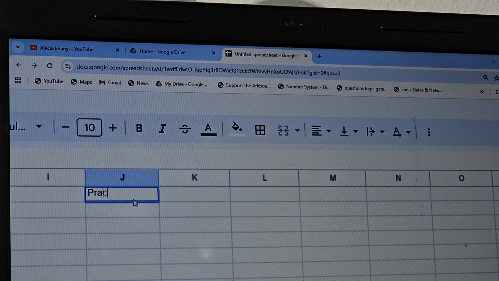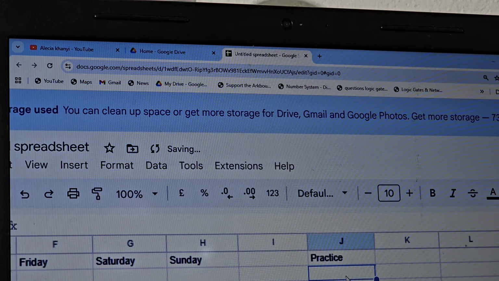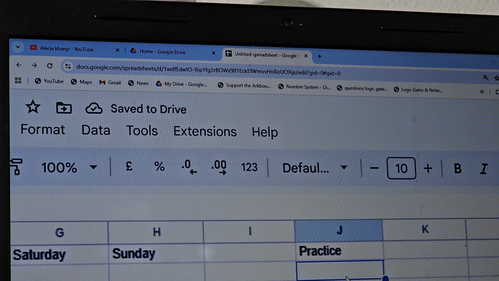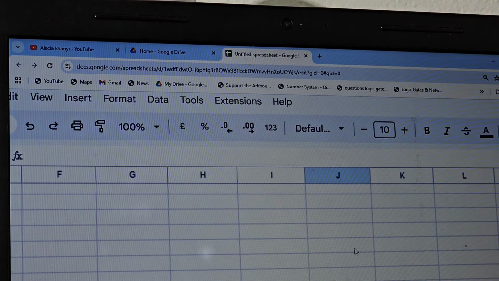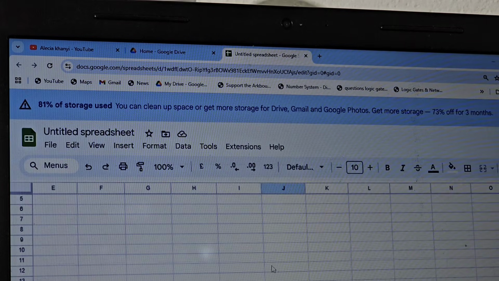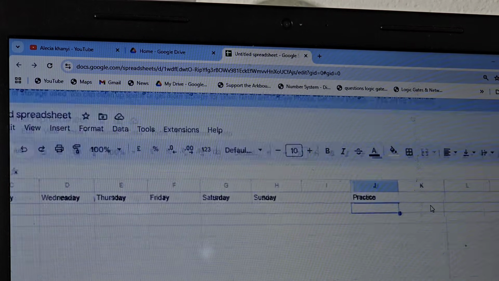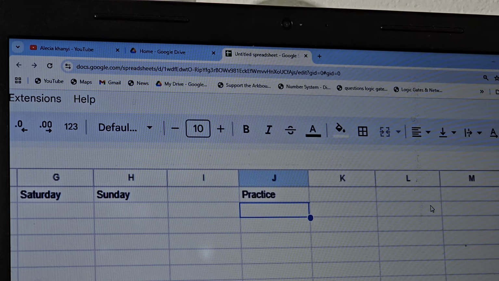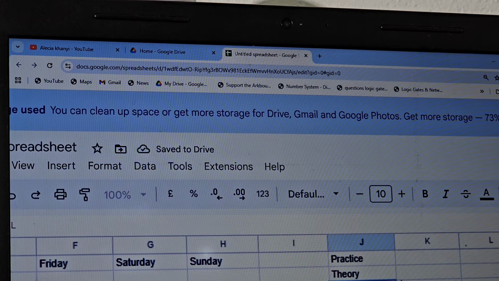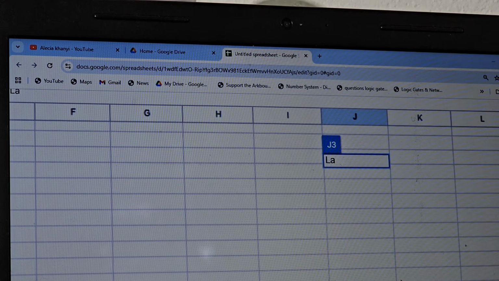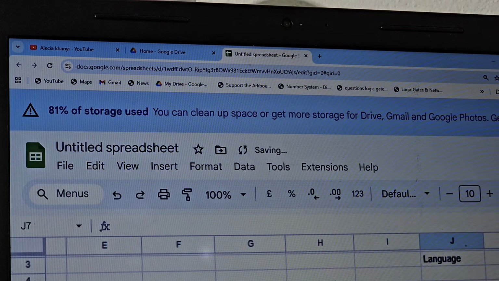So remember, I told you to keep this structure in your mind: a structure of a practice subject, a theory subject, a language subject, and LO. I hope this is still visible. I need to keep checking behind the camera so that I don't lose the visibility. It's quite jumpy.